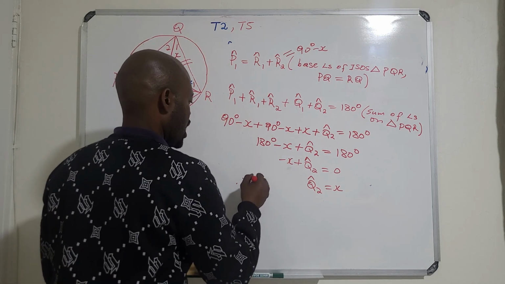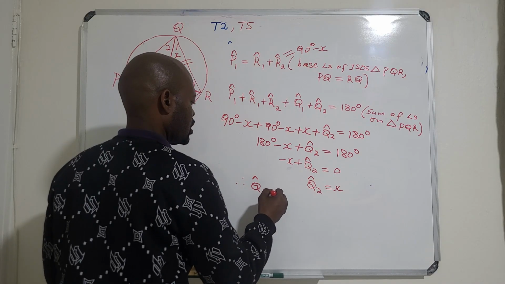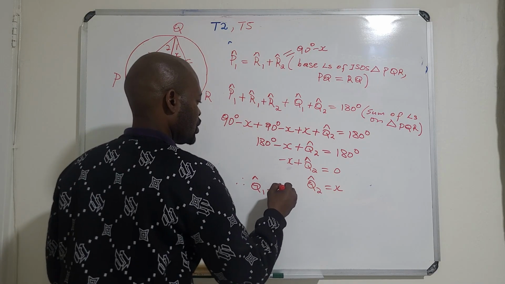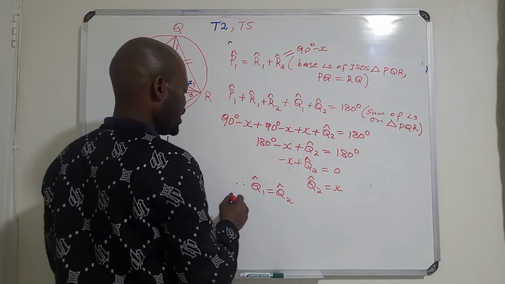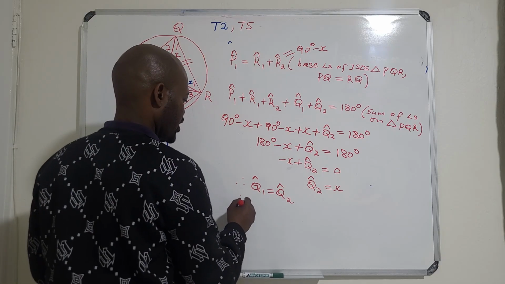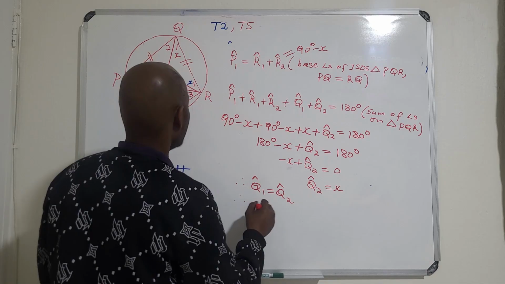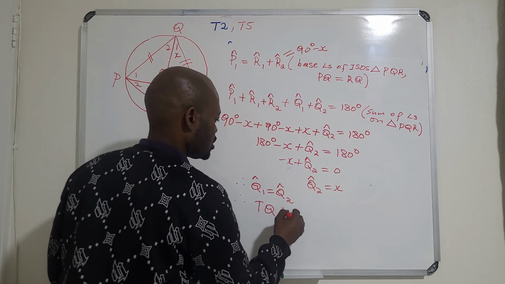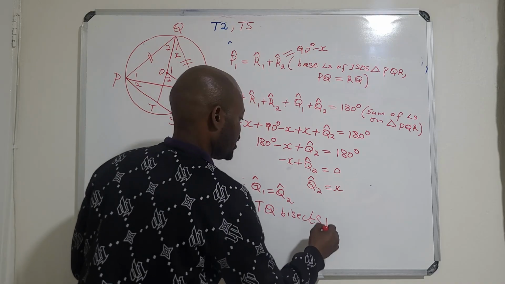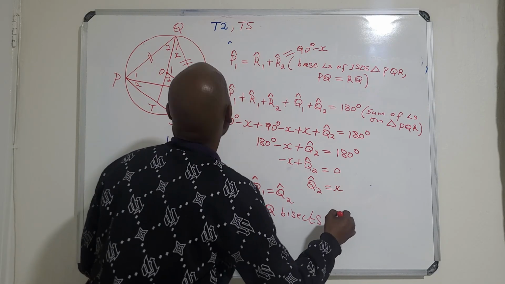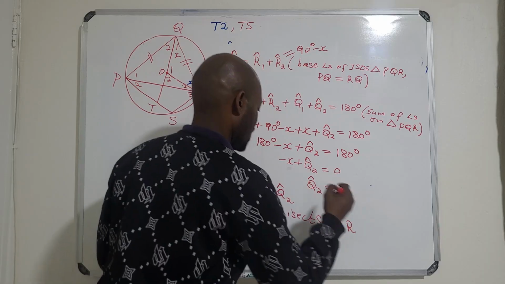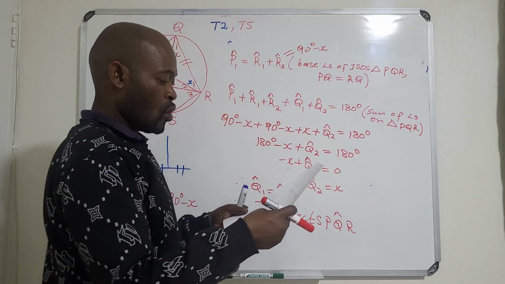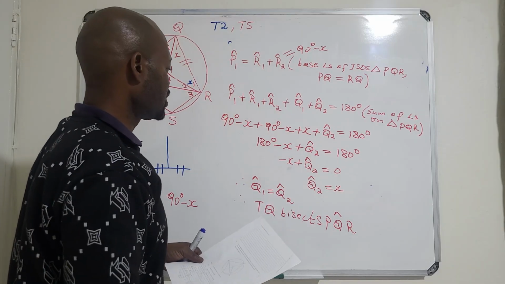Therefore, angle Q1 is equal to angle Q2, meaning that TQ bisects angle PQR.